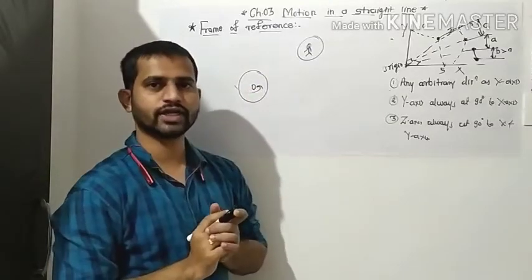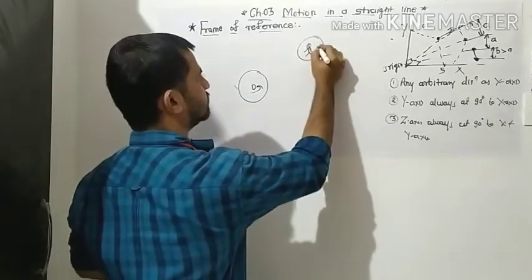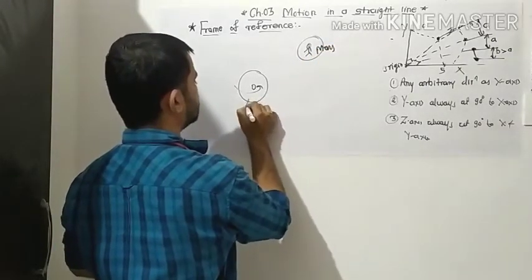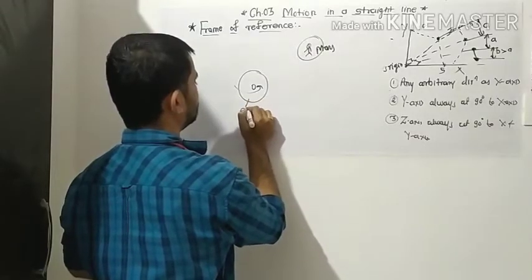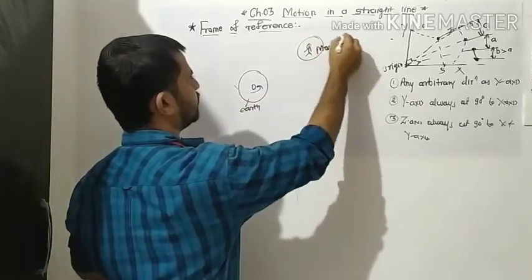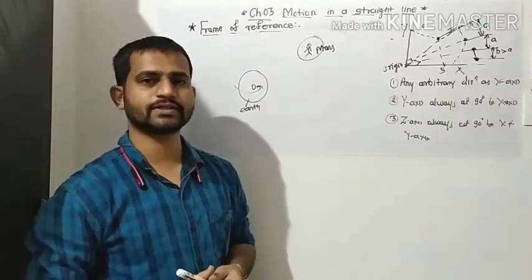The earth is rotating. Then in that case, Mars is the point of reference, this is the earth, and this whole universe is the frame of reference.